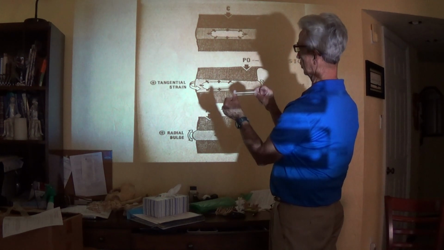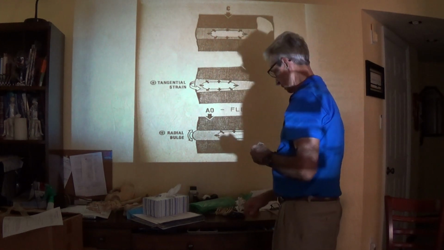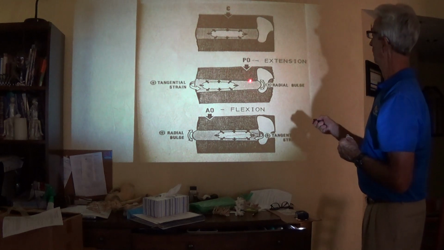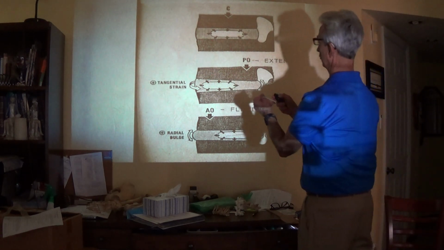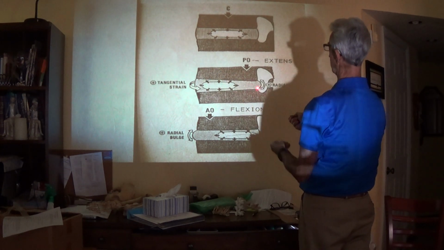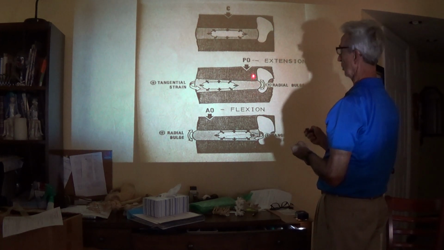So that's what we call tangential strain, and that happens in the opposite direction of the force. In other words, when you get an extension posterior offset force, you get tangential strain coming out this way, and then in the posterior part where you have the disc protrusions, you get what they call radial bulging.